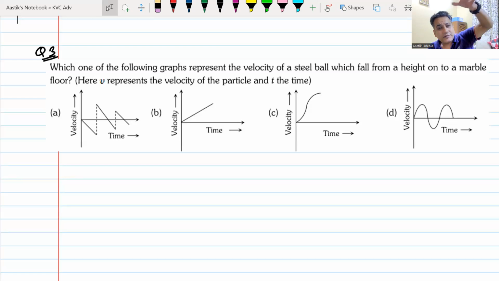I've dropped the ball on a marble floor. It will rebound back. Which graph represents the VT graph correctly of this falling steel ball on the marble floor? I'll give you a minute to discuss this, to solve this, and tell me the answer.